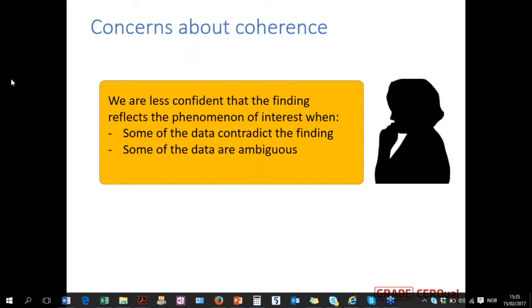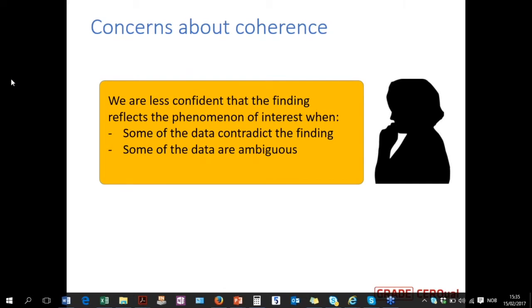Just to add to that, and the question earlier about the consistency element. The easiest situation of all is when all of the studies are showing exactly the same thing. It's very easy to summarize, and very easy to reach a finding which is coherent. The challenge arises when your findings show quite a bit of variation.